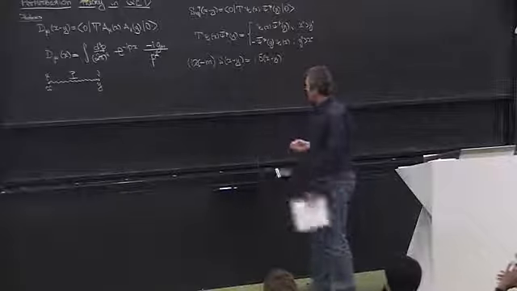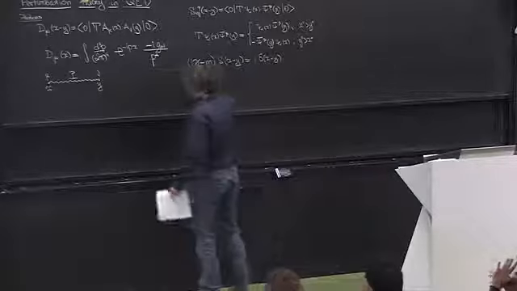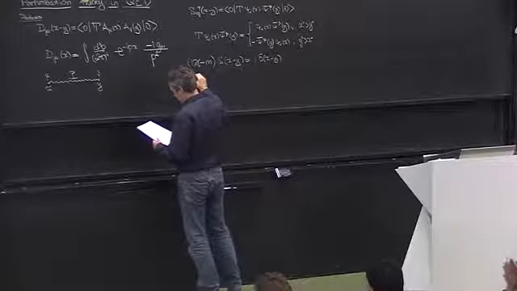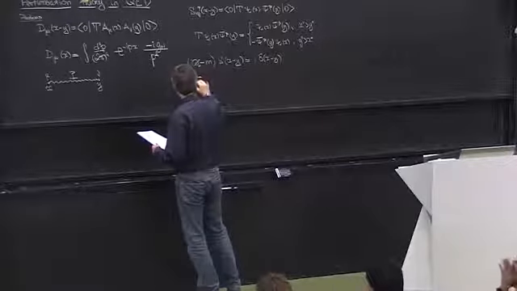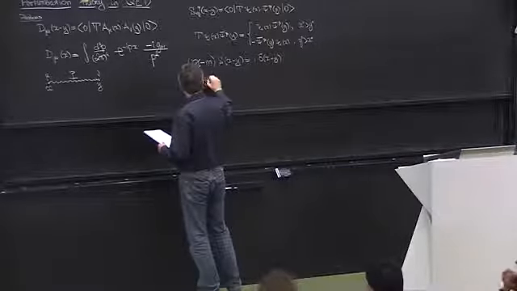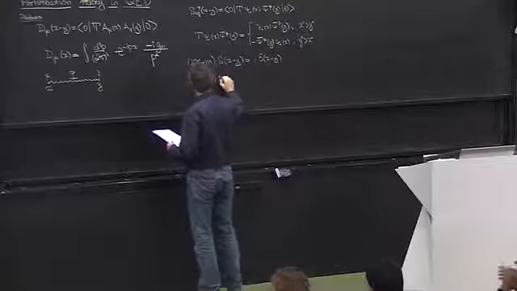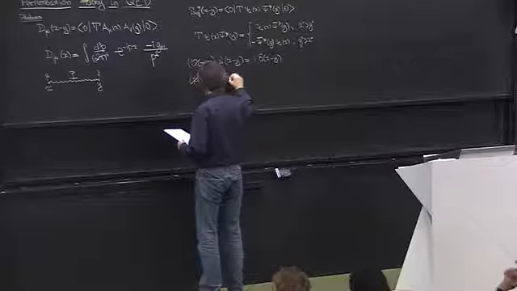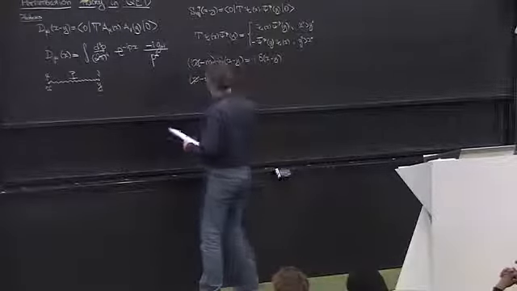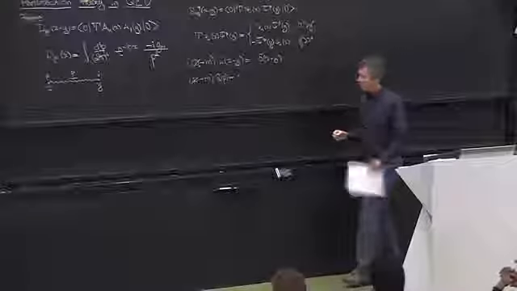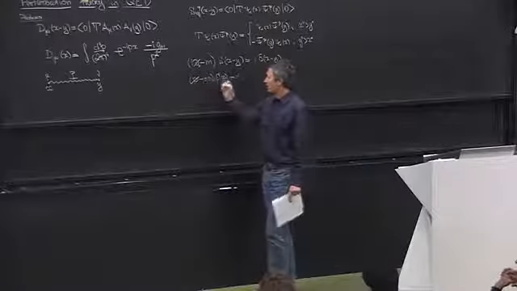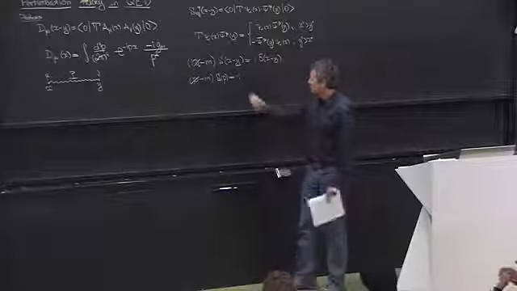Then we Fourier transform this equation. So i times the derivative becomes the momentum. So the Fourier image of the Dirac propagator satisfies this equation. This is a matrix equation.